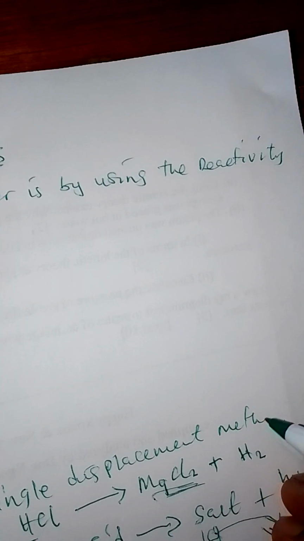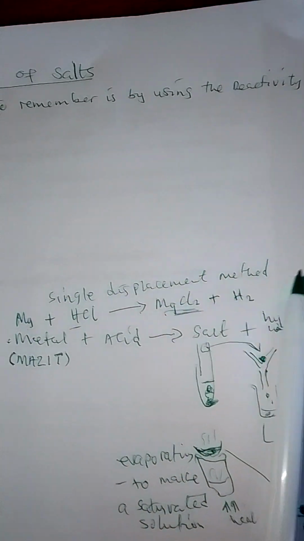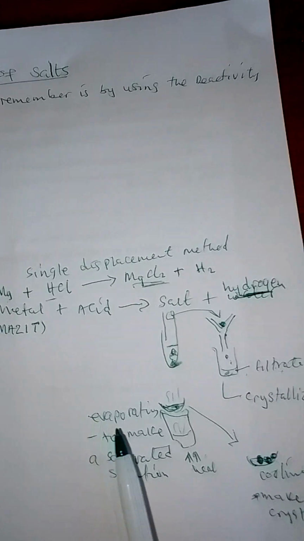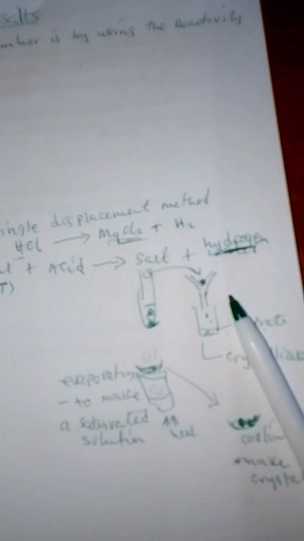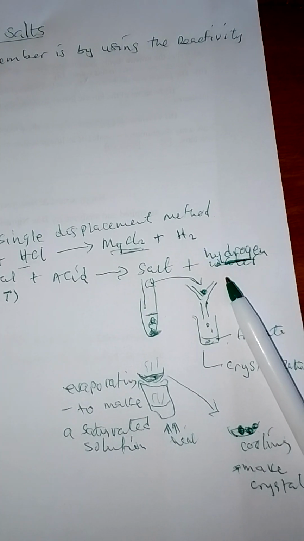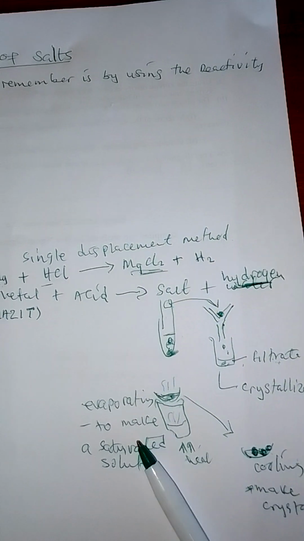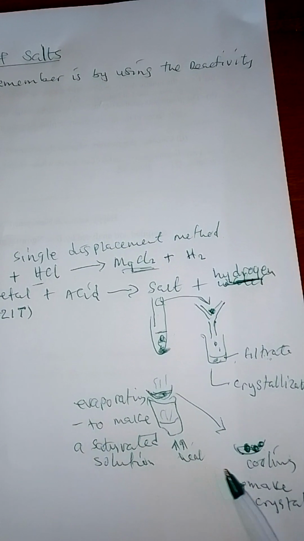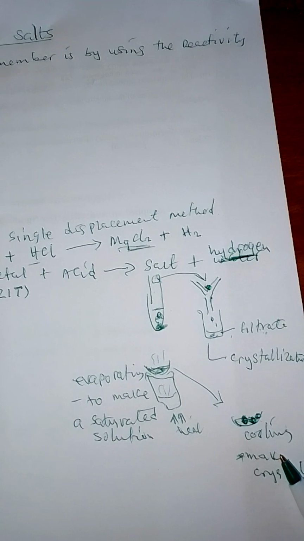Method. So the first method, we can call it a single displacement method, of which it includes processes such as filtration, evaporation, and crystallization.